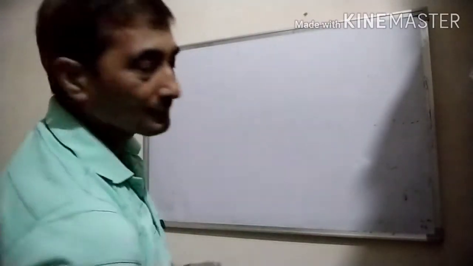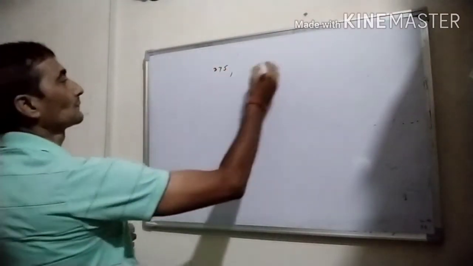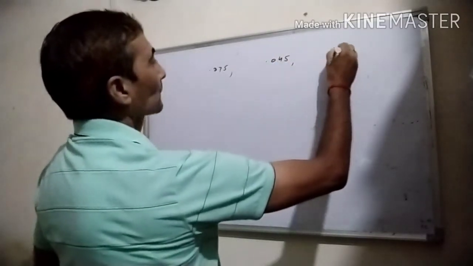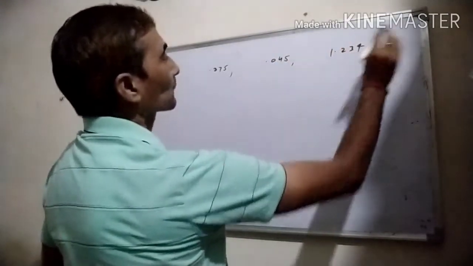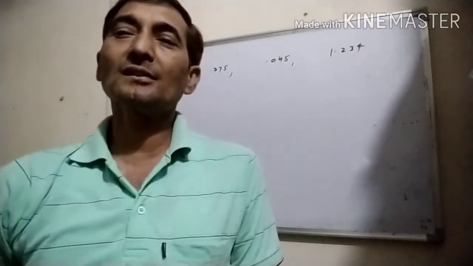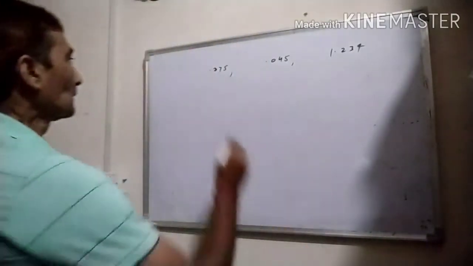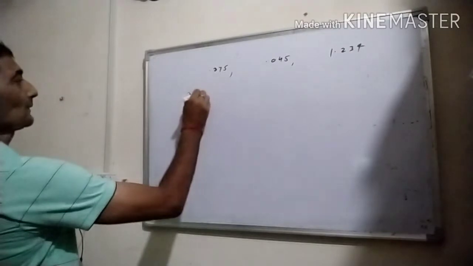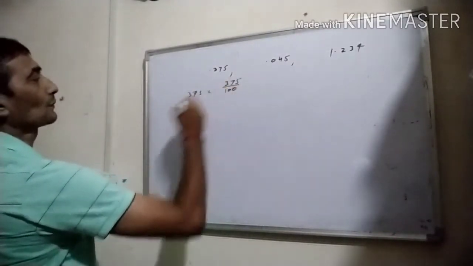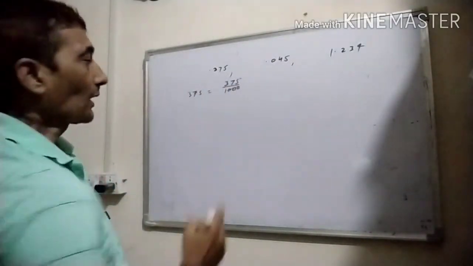Suppose some decimal expansions: 0.375, 0.045, 1.234. Every one of these is a terminating decimal expansion. 0.375 is converted to 375 by 1000.